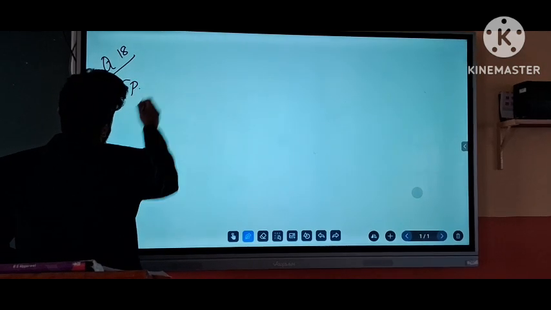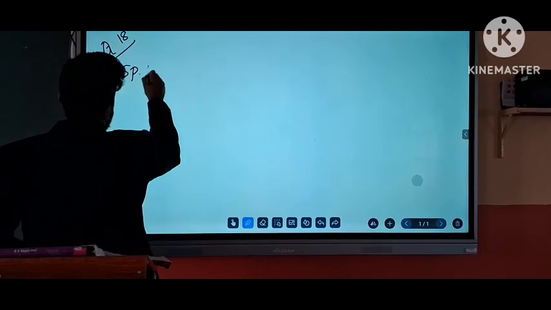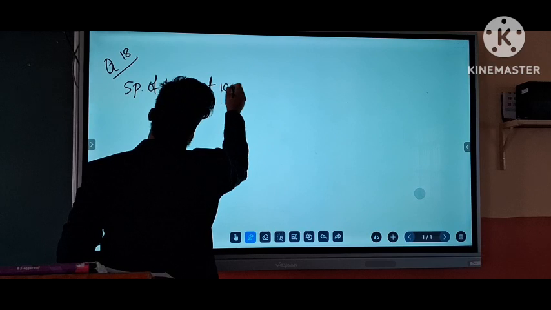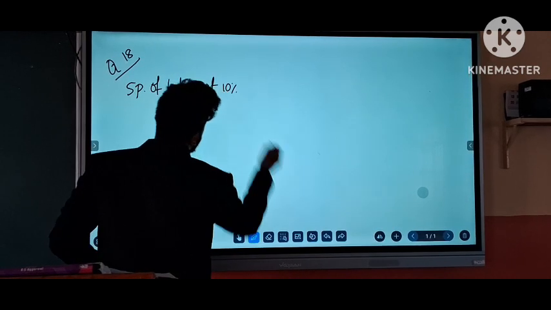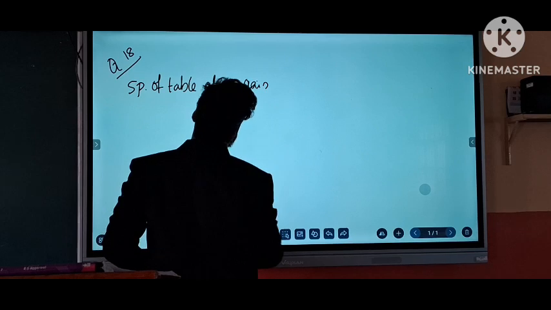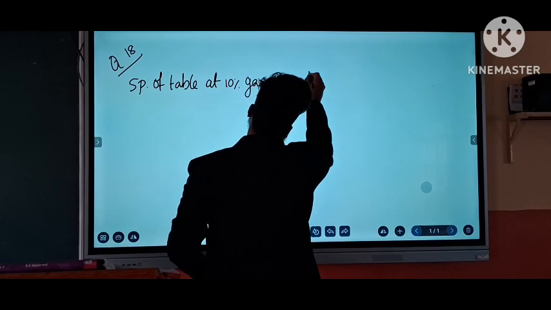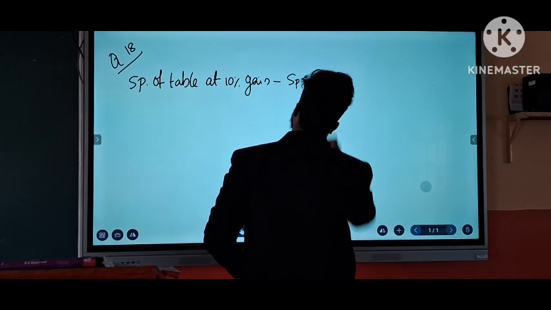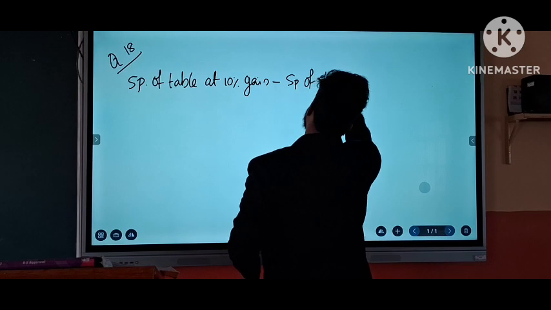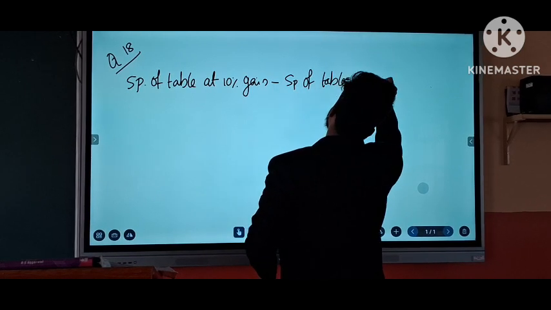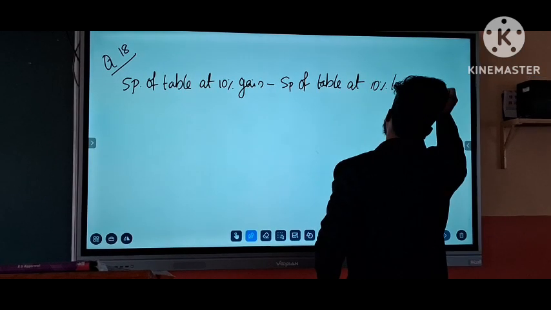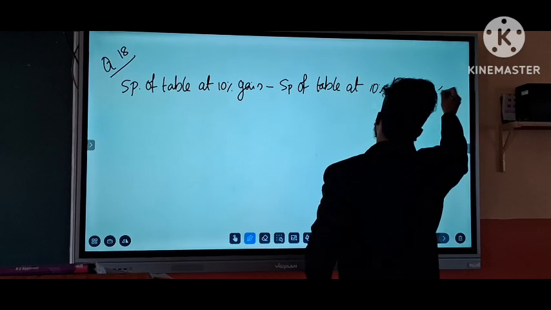Question number 18. SP of table at 10% gain minus selling price of table at 10% loss equal to 940.